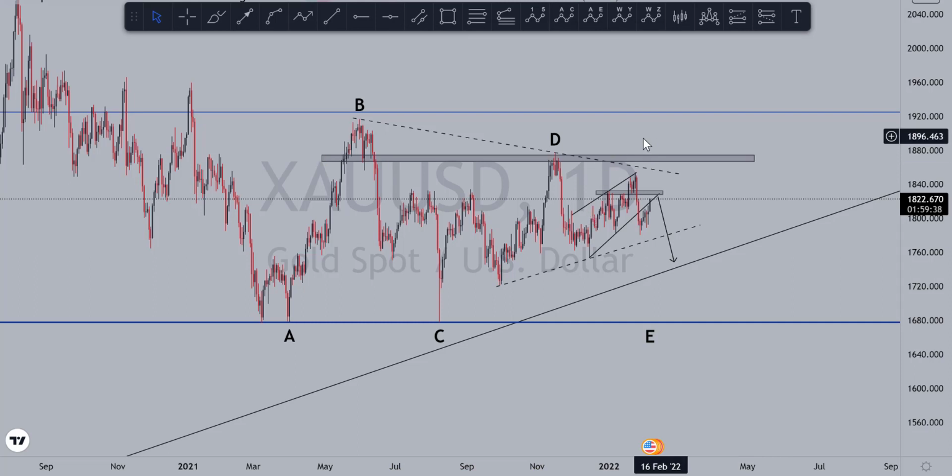If they come above this resistance area, and above this trend line that has been also acting as a resistance line there, then only in that situation will I be willing to trade gold. So this is what I'm expecting on gold. I'm expecting to be selling gold to these lows before we can think about long buys. Let's move on to another pair.